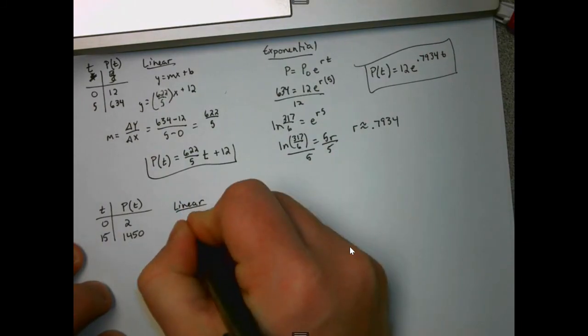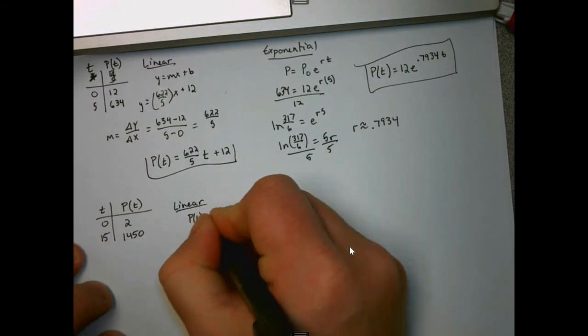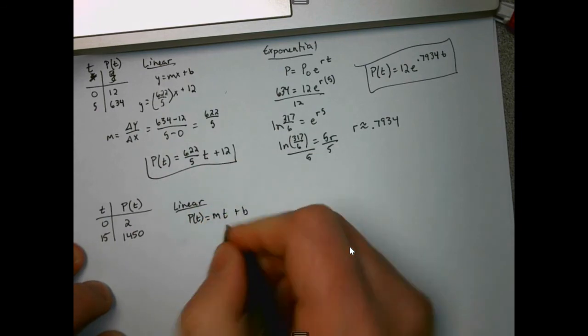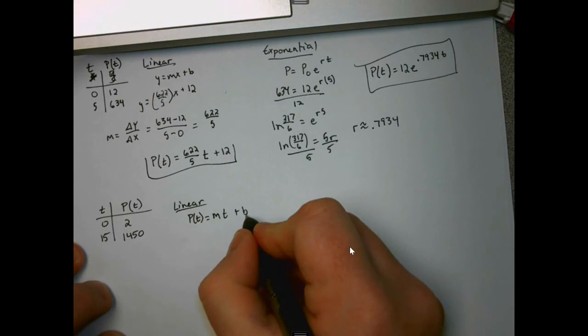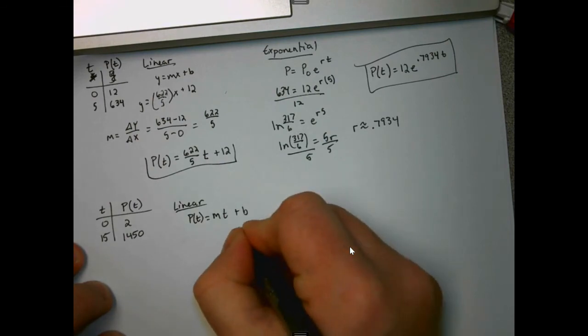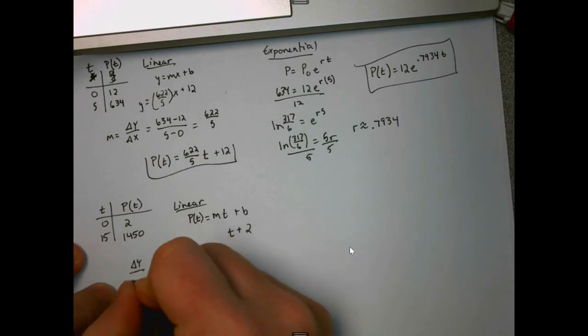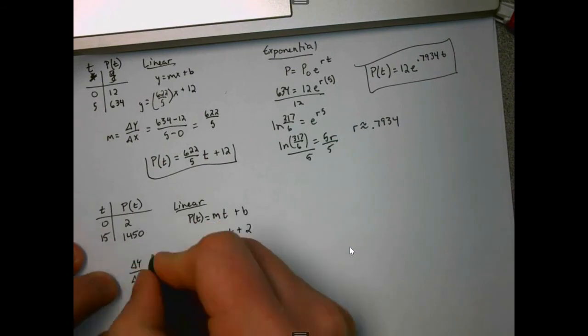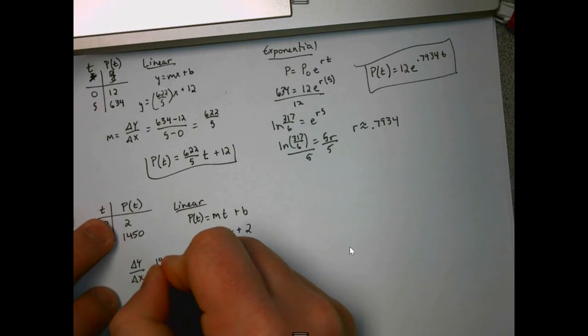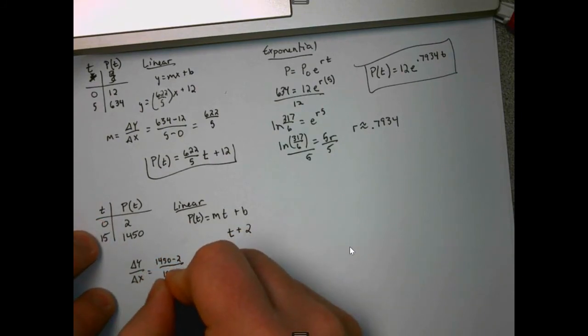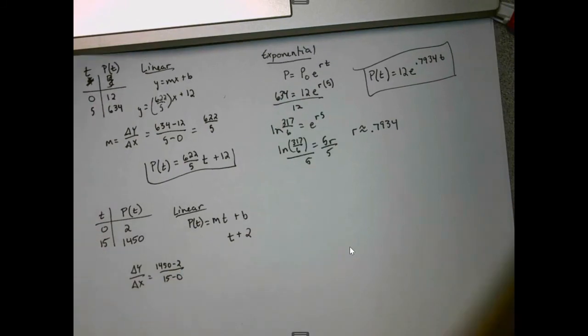So linear: we have P of t equals mt plus b. Our initial population here is 2. We need to find the slope, so that's change of y over change of x. Change of y would be 1450 minus 2, and change of x would be 15 minus 0.